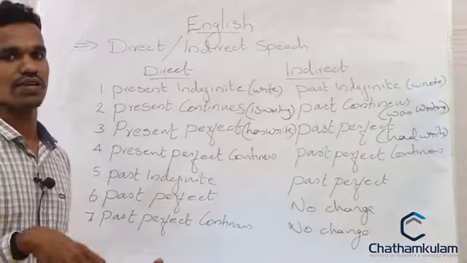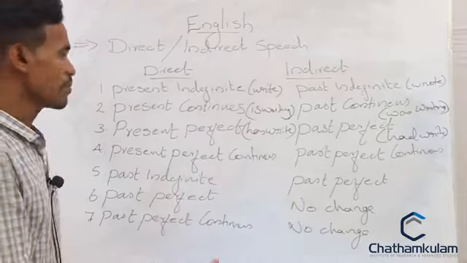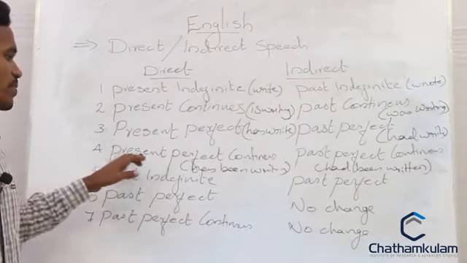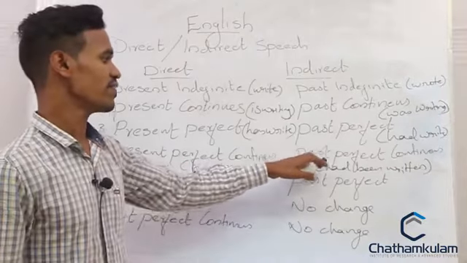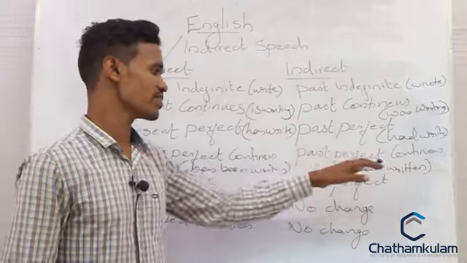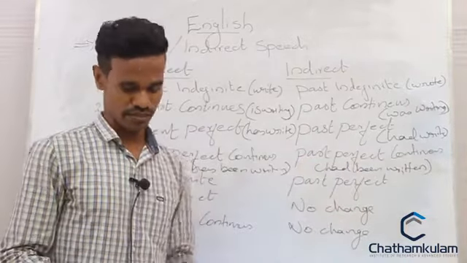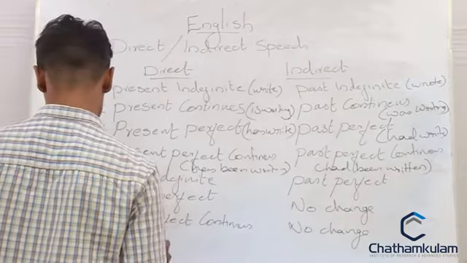That is something that has already happened, and normally we term it as had. Then come to the fourth one. Present perfect continuous, has been writing, will change into past perfect continuous, had been writing. And the fifth one is about past indefinite.